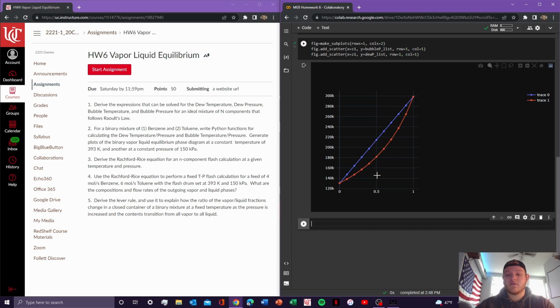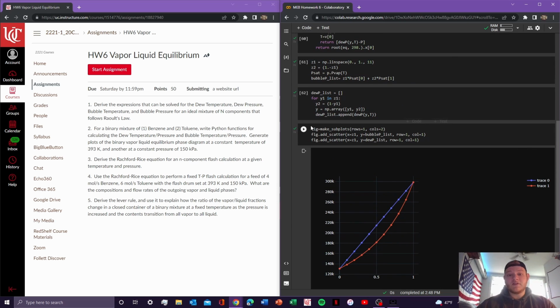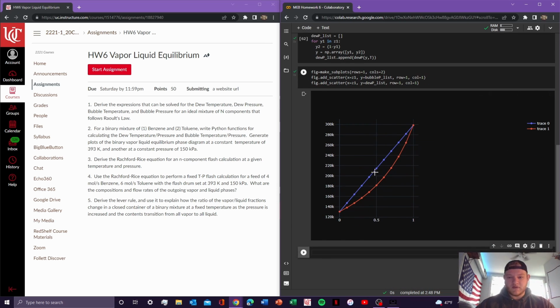At 393 Kelvin, at one half mixture, the first dew would form at 181,000 pascals, and the first bubble would form at 214 pascals. So now let's move on to the second graph, which is at constant pressure.